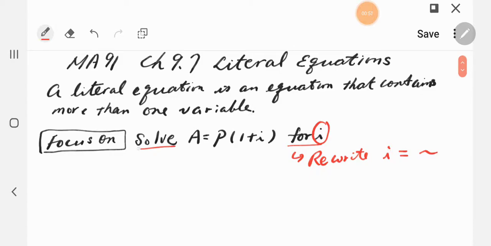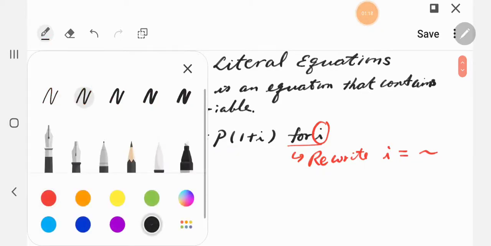So always, solving an equation for a variable means rewriting the equation with that variable on the left side, and then the others will be the solution. So let's rewrite this so that the left side of the equation will be only an I.